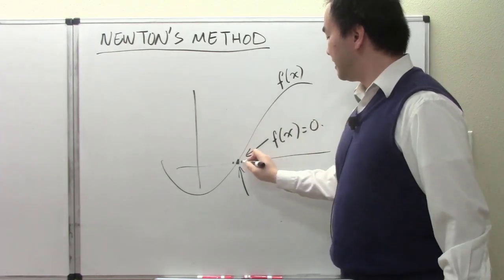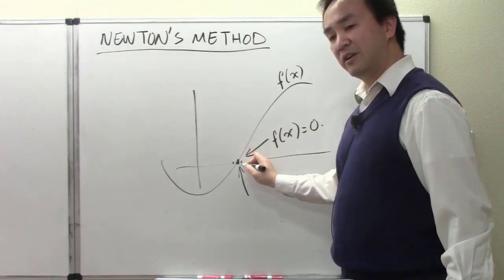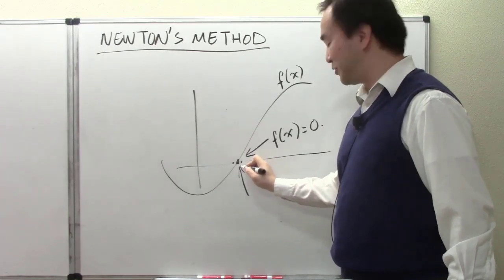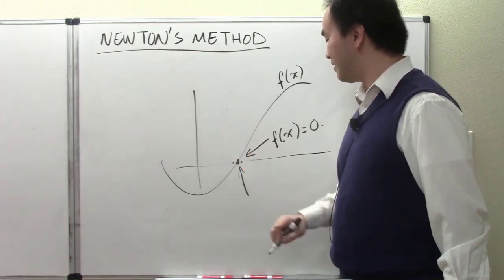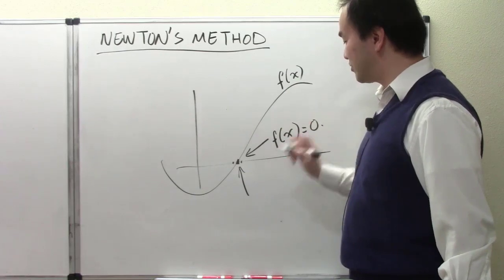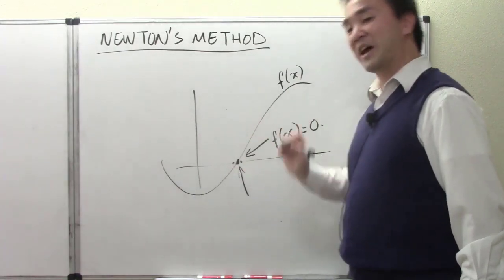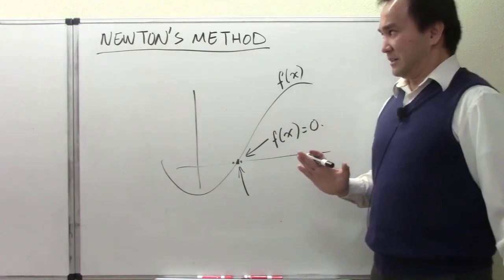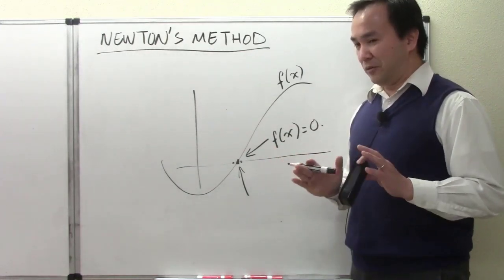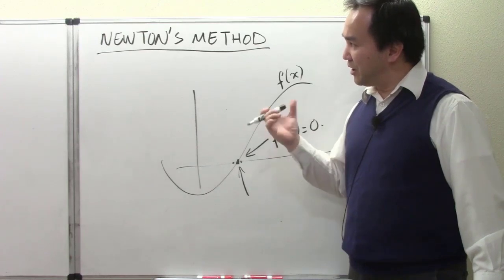If we cannot come up with a finite method to find the actual value on the x-axis that satisfies f of x equals 0, then we're going to come up with a numerical approximation of that.